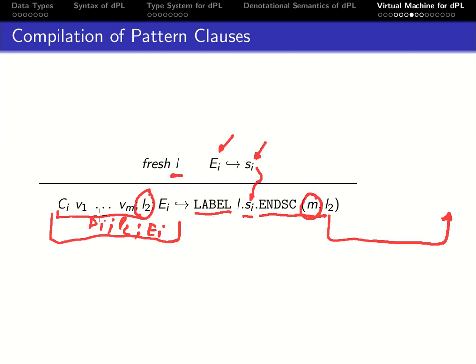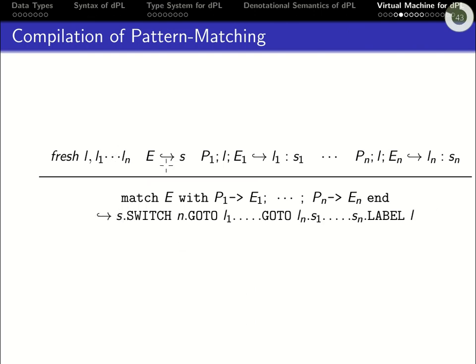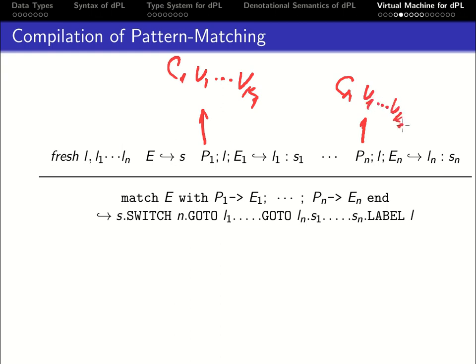So let's make sure that it makes sense. As we go here, this is of the form C1 V1 up to VK1, and for P2 or Pn it is going to be Cn V1 up to VKn.